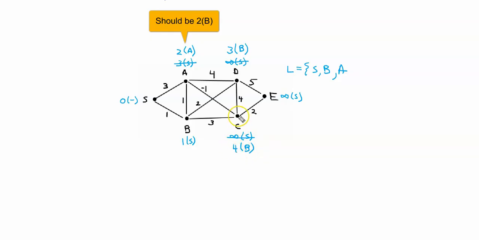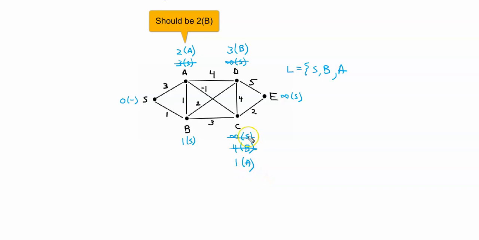Let's take a look down here. C is adjacent to A. So let's see, if I take 2 plus -1, that gives me 1. That's smaller than 4, so I want to update this with a 1A.